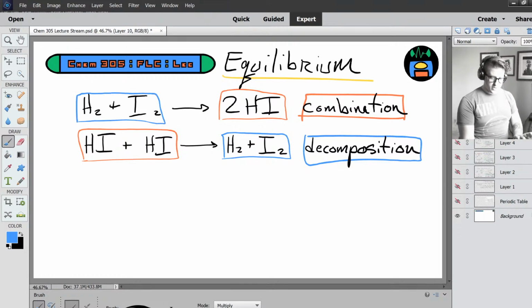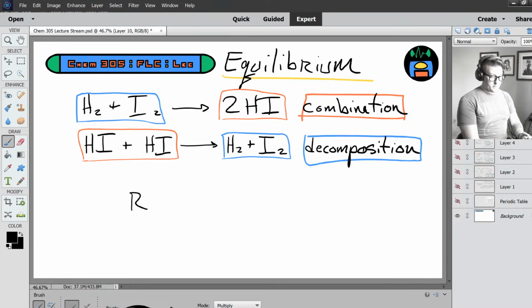All right, what's going on here? What reaction actually occurs? Do H2 and I2 react to make HI, or do two molecules of HI collide and form a molecule of H2 and I2? The answer to that question is they both occur.